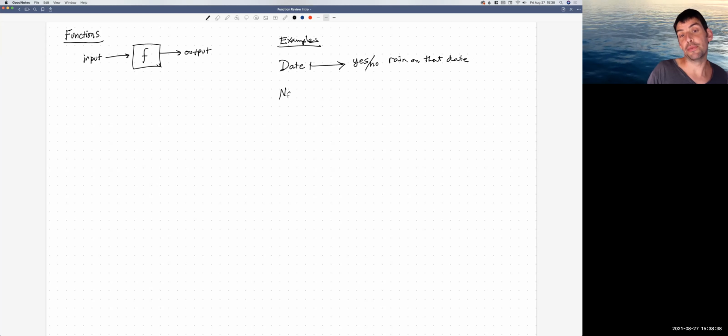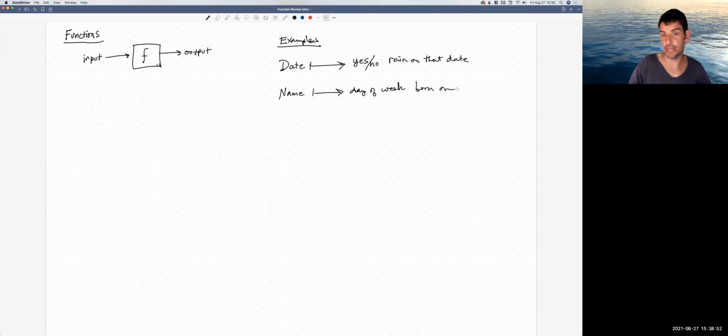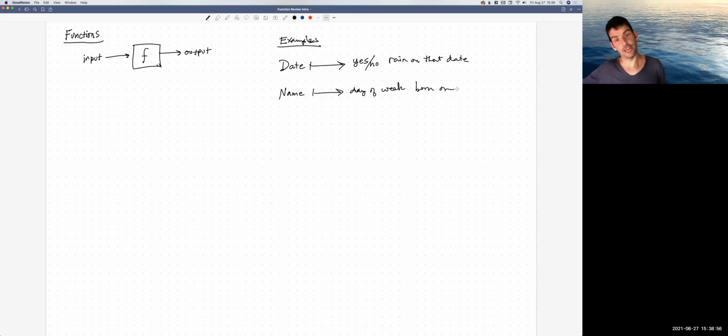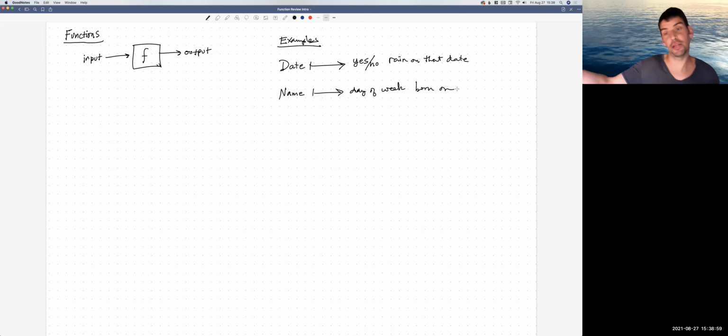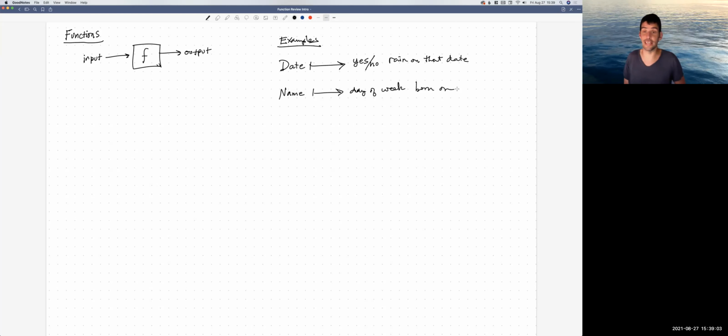Another function might be we take the name of a person and we output the day of the week they were born on. I don't know what day I was born on, but if this was the function and you put my name into it, out comes Thursday, and somebody else puts their name in, out comes Tuesday, and somebody else puts it in, maybe they were also born on a Thursday, so out comes Thursday, but each person was only born on one day.